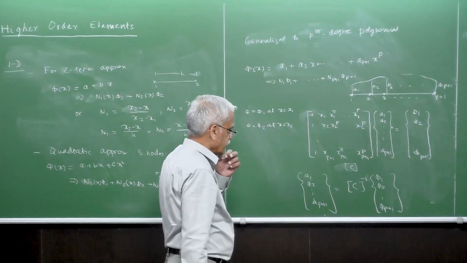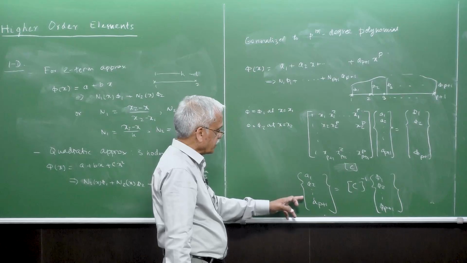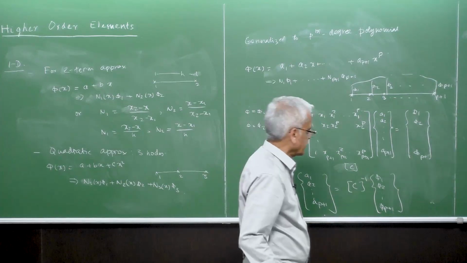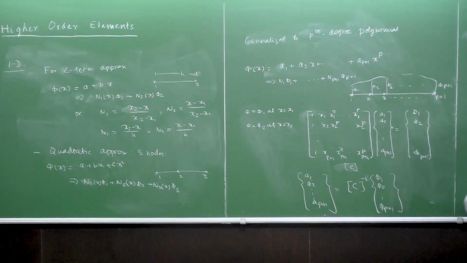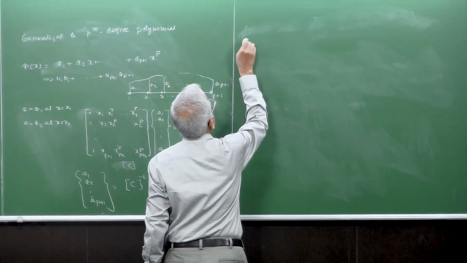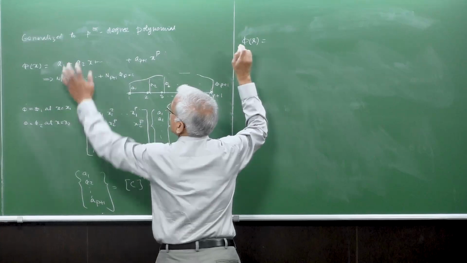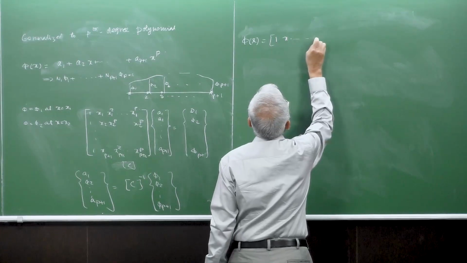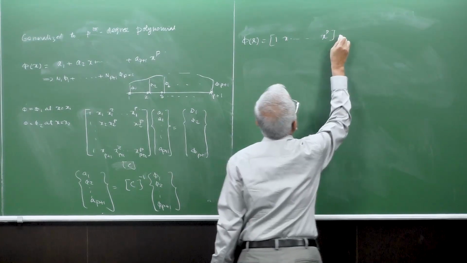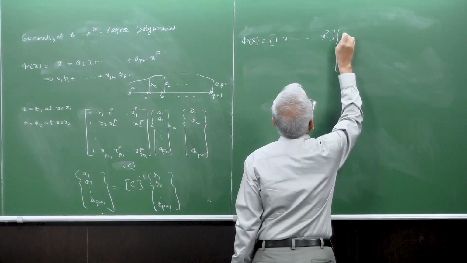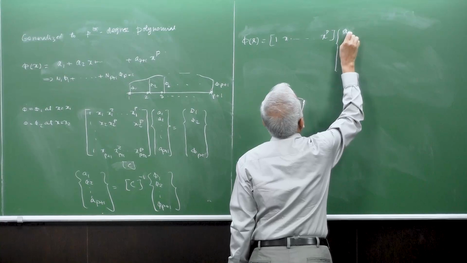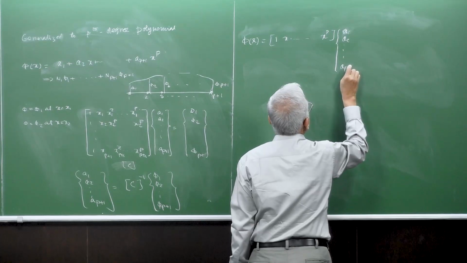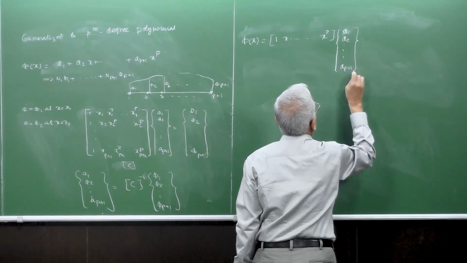So what we are able to do here is that we are able to get the coefficients a1 to a_(p+1) in terms of phi 1, phi 2, up to phi_(p+1). So what we can substitute here, so let's write this function phi of x, this one here, as 1, x, to the power of p, right?